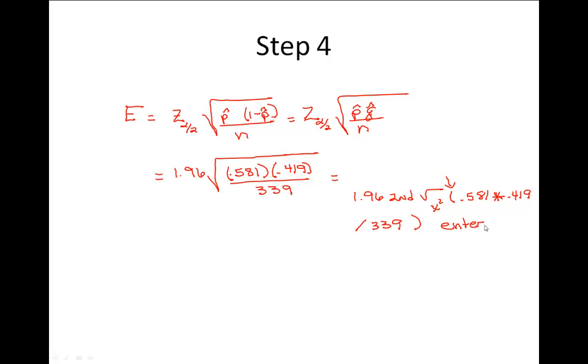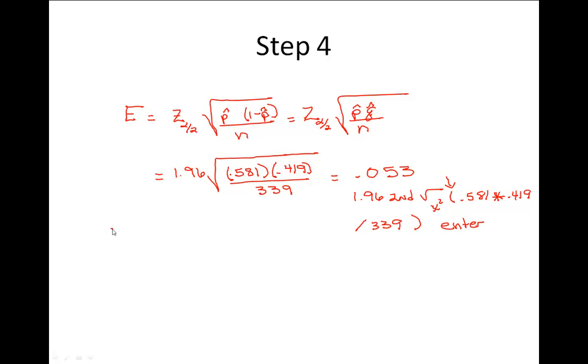That is the best way to type that in, and that should give you your error, and that gives you 0.053. Now, different teachers have different rules about rounding, and you will need to follow those rules for your rounding.